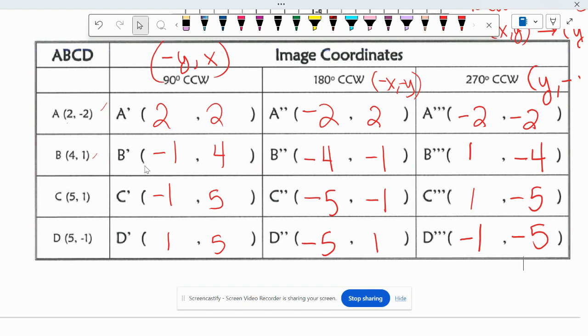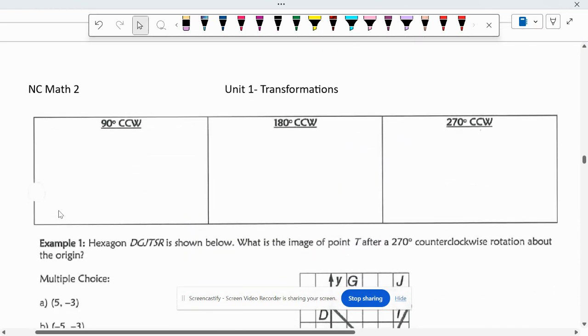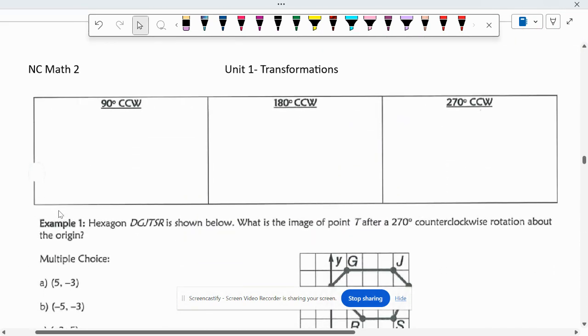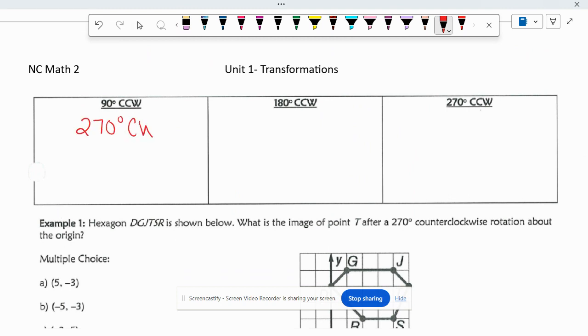All right. So flip over to the next page. So again, we're going to write down our rules. Well, we know that 90 degrees counterclockwise is the same thing as 270 degrees clockwise. And we know that the rule x comma y is opposite y comma x.